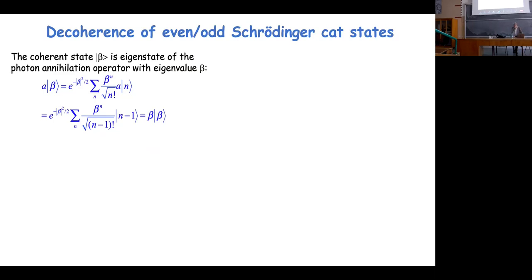On this slide, I take advantage of another property of the coherent state, which I have not discussed before, the fact that a coherent state is in fact an eigenstate of the annihilation operator.